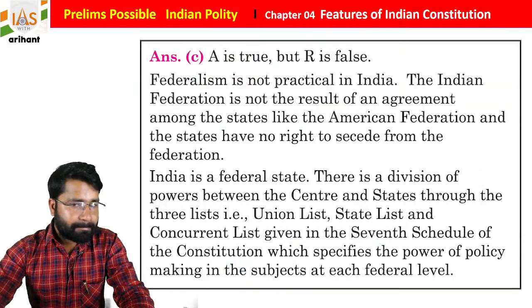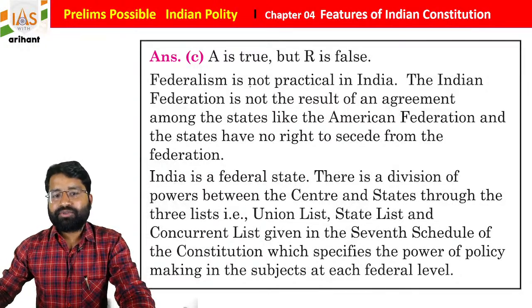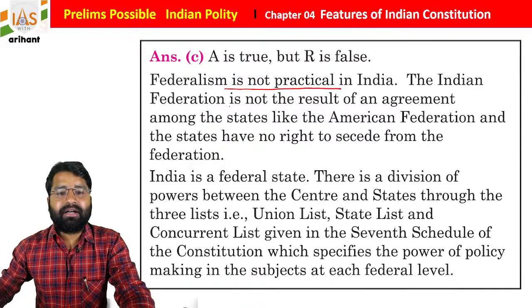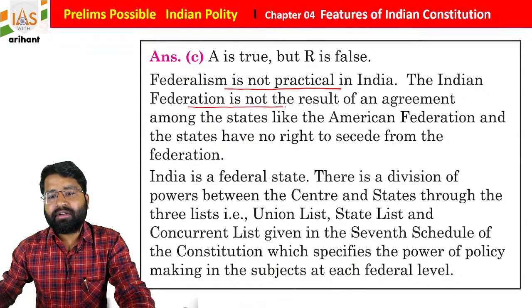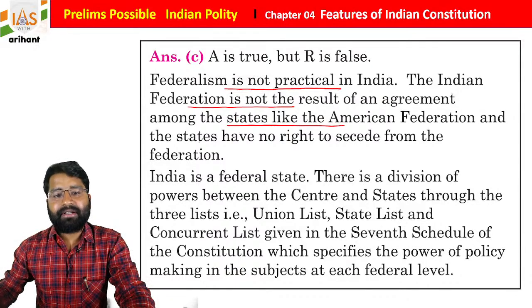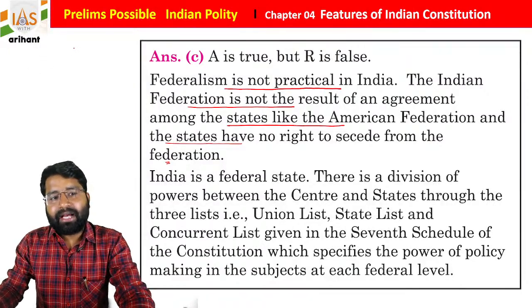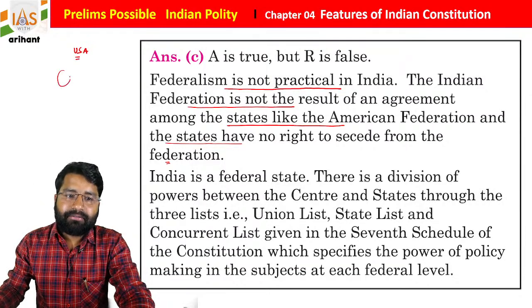Okay, getting it? So if you see the explanation, federalism is not practical in India. The Indian federation is not the result of an agreement among the states like the American federation, and the states have no right to secede from the federation. Now students, what you need to understand here is that the USA was created by 50 states.